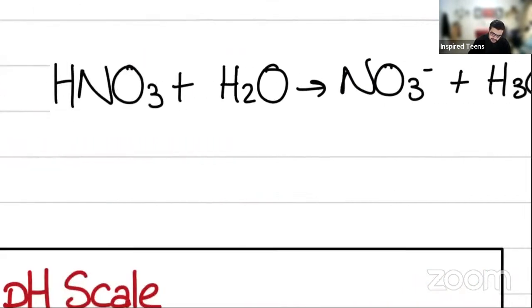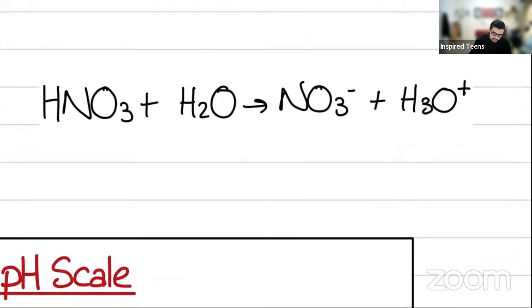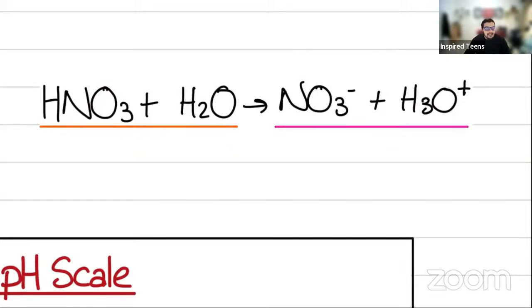So let's have a look at this reaction and see if we can identify our acid and our base. We have HNO3 plus H2O as reactants, and on the right-hand side, our products are NO3 minus plus H3O plus.